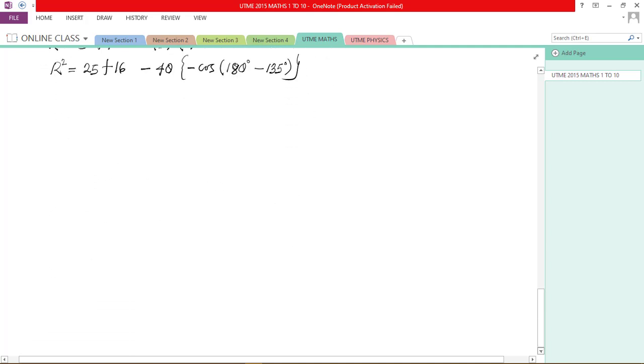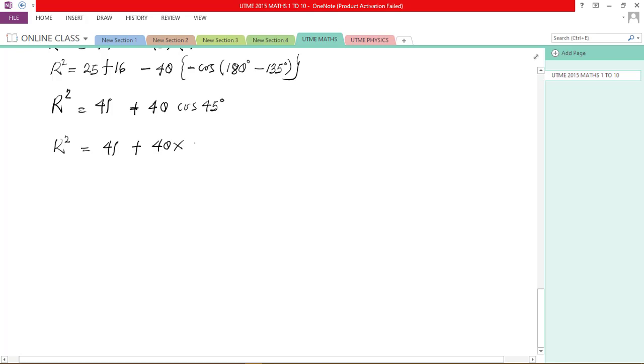Once you see the point there, in essence, we now have r squared equals 41 minus times minus here will give you plus 40, then we have here to be what? Cos 45 degrees. They didn't find it in any way. They left it like that as 41 plus 40.